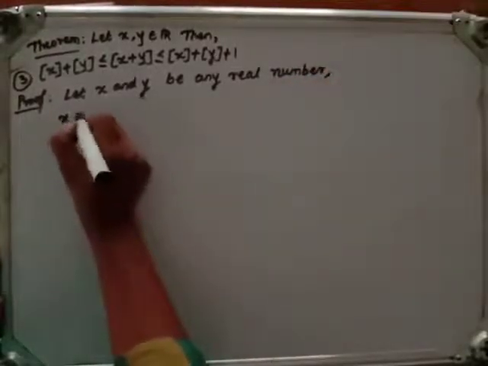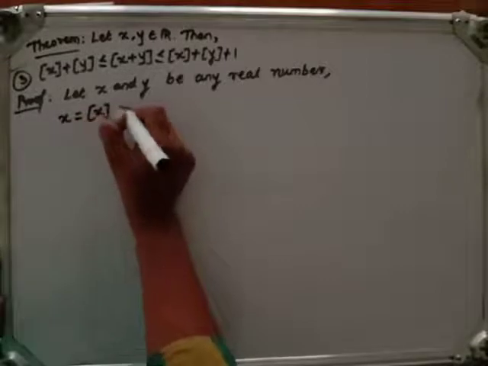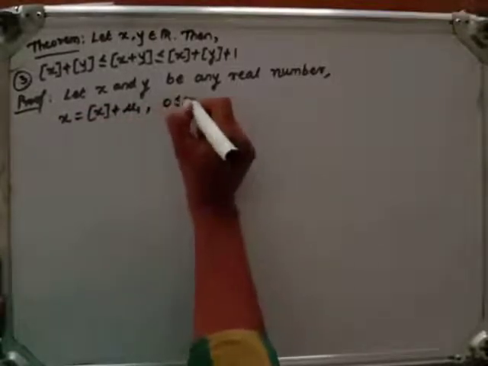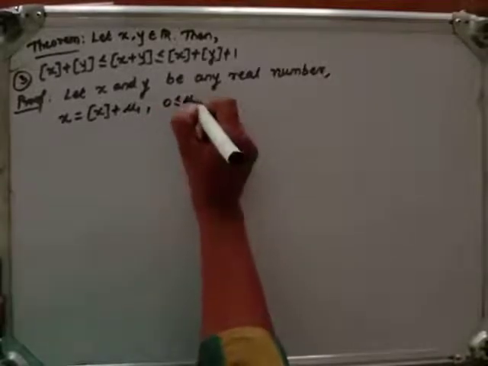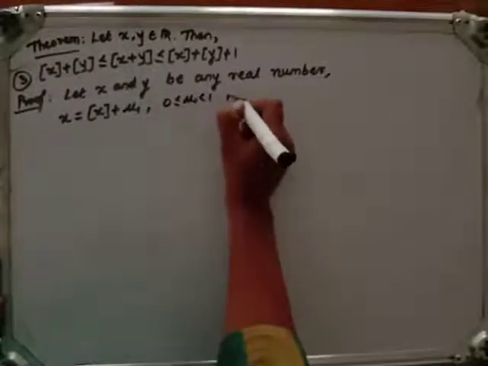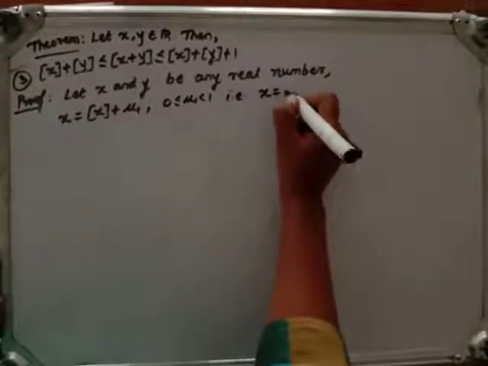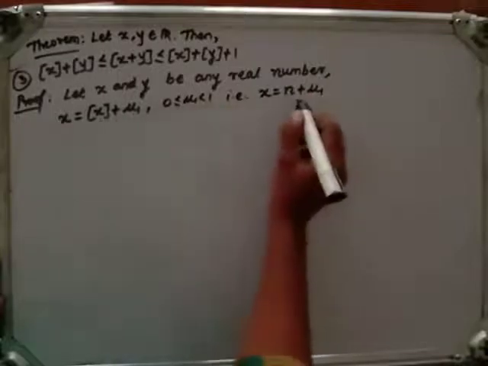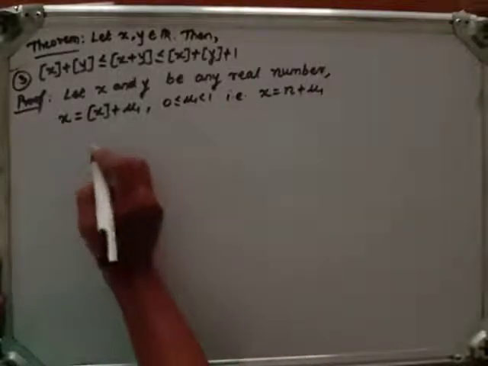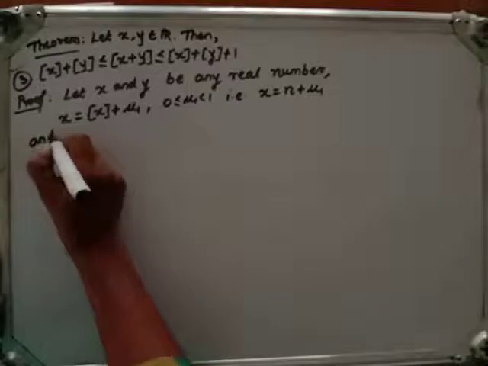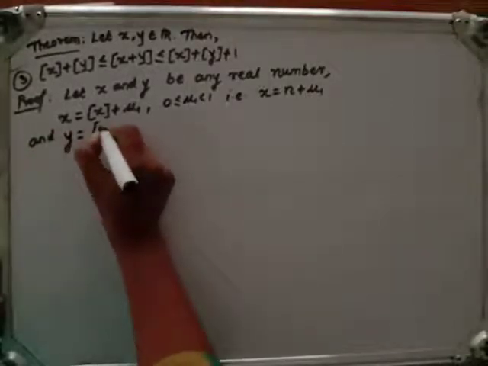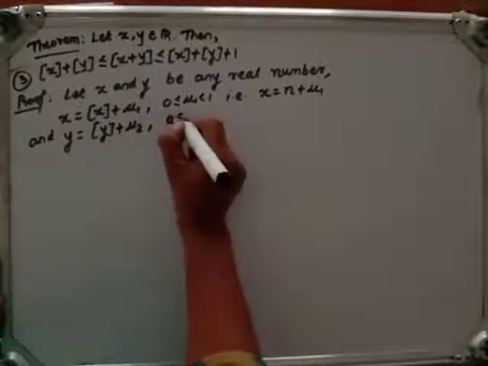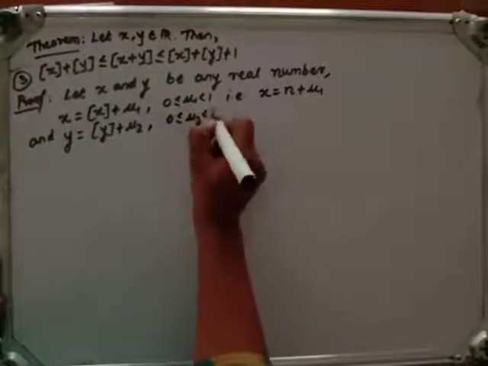Then x equals the greatest integer function of x plus mu1, where 0 is less than or equal to mu1, which is less than 1. That is x equals, suppose, n plus mu1. We name the greatest integer function of x as n here. And y equals the greatest integer function of y plus mu2, where 0 is less than or equal to mu2, which is less than 1.